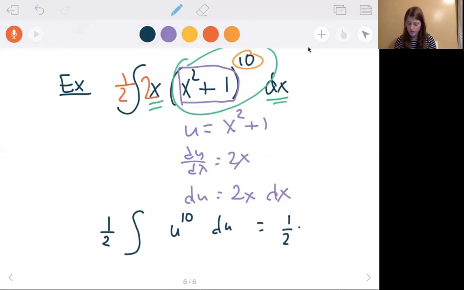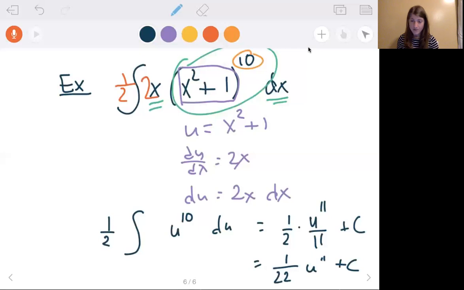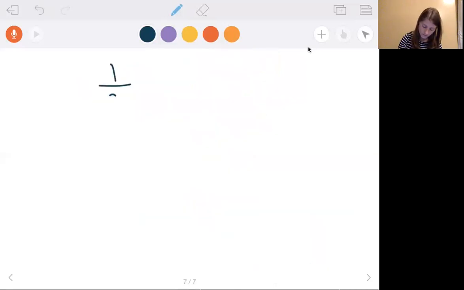Power rule on this guy. Add 1, divide by that new power, so u to the 11th over 11. Let's see. So sometimes these guys get a little bit messy. And keep in mind, we still have to back sub. If your original problem had an x, you want to go ahead and back sub so that you have an x in the final answer.